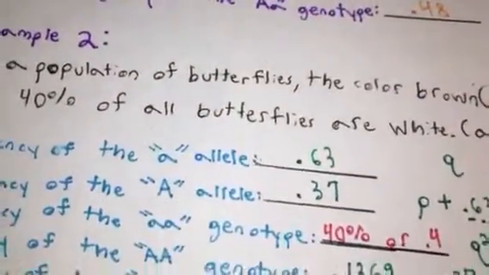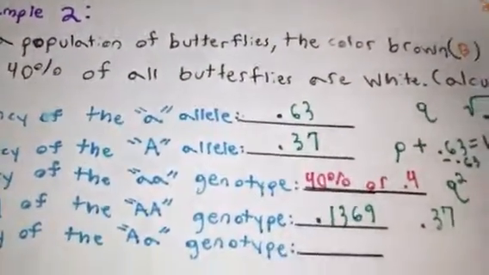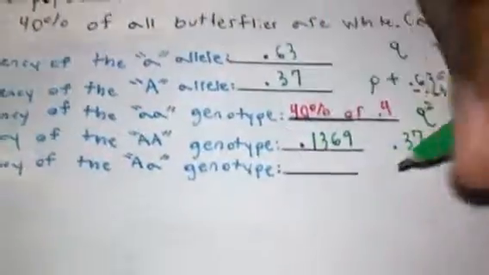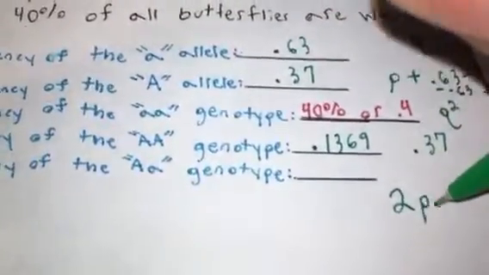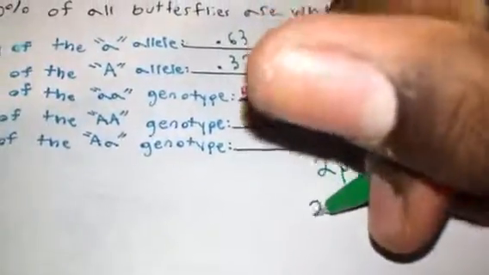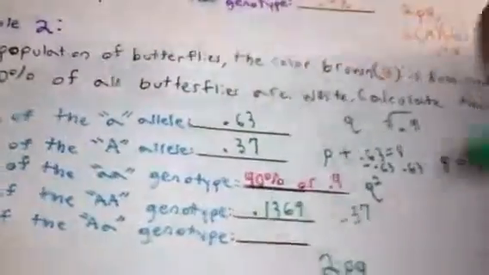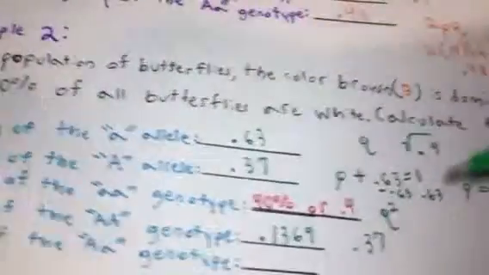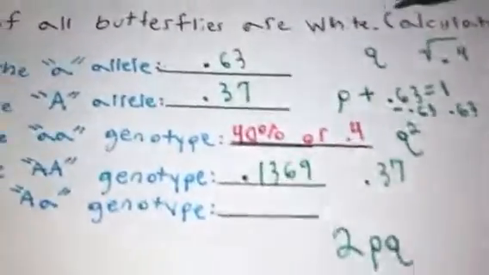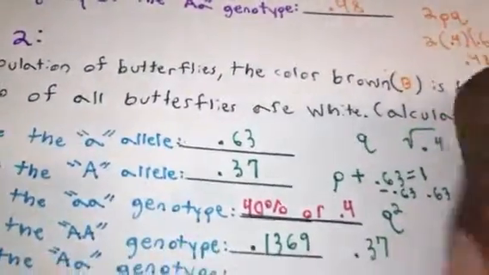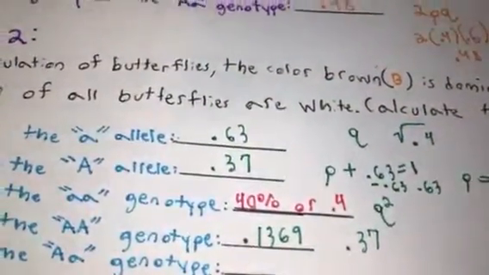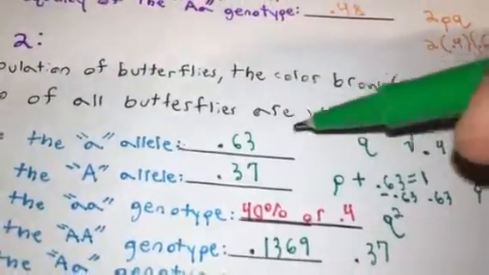So now it's time for the last one. They're asking you for the frequency of the heterozygous genotype, which we know the equation for is 2pq. So all you have to do now is plug in the numbers for it. So you keep the 2, and P is right here as 0.37, and Q is 0.63.